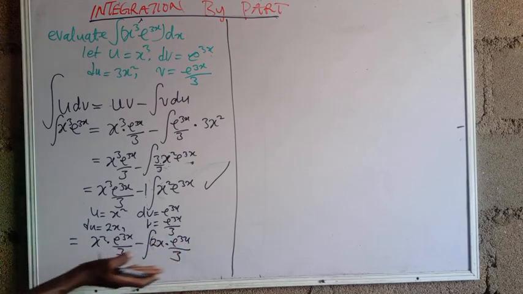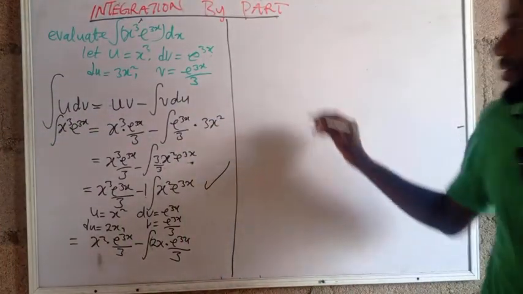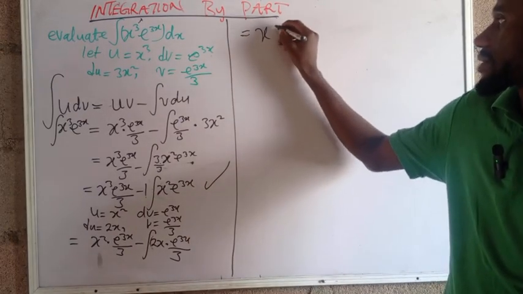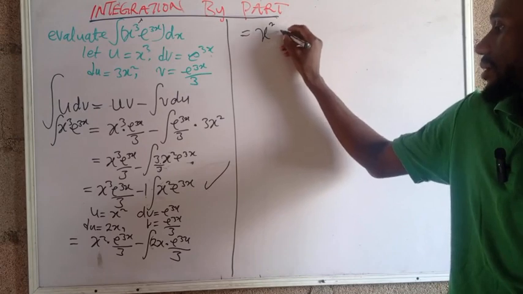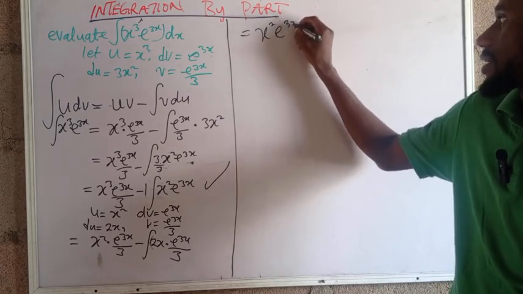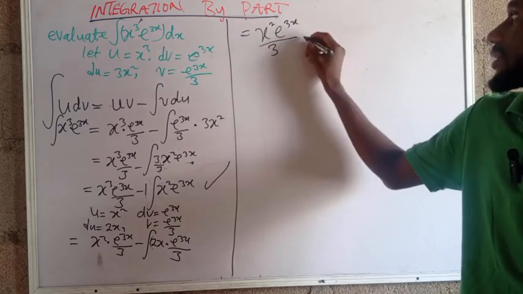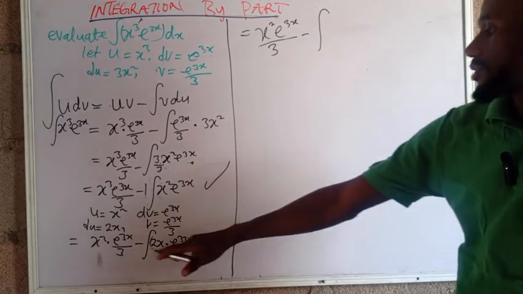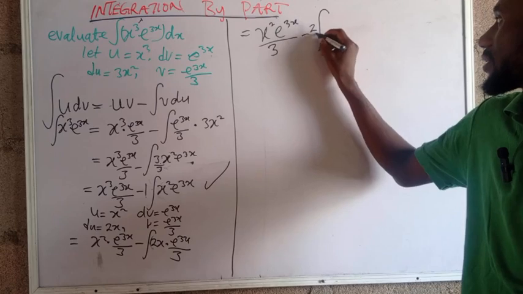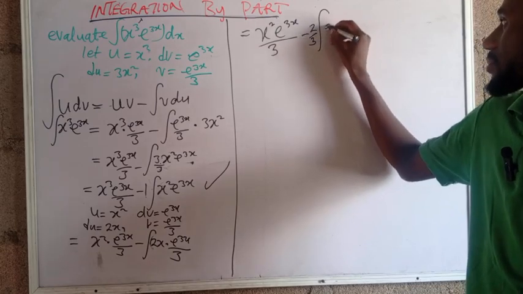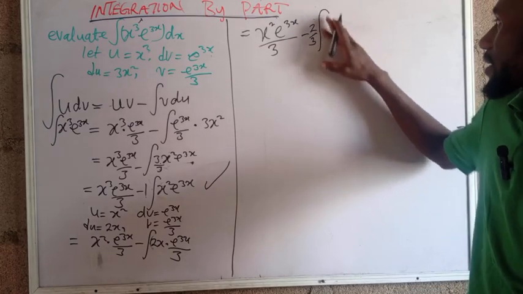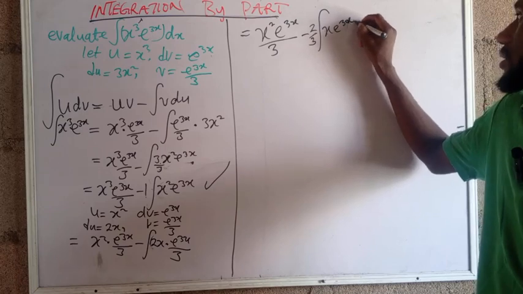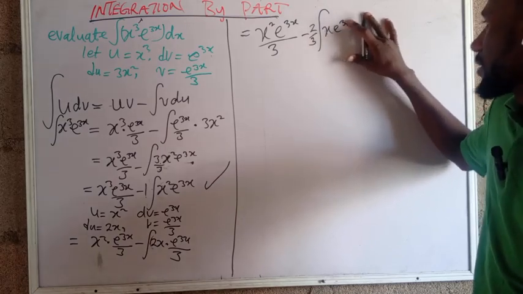If you simplify it, you can have something like x squared exponential 3x all over 3 minus the integral of, that is, we can take 2 over 3 outside, remain x exponential 3x, x exponential 3x here.